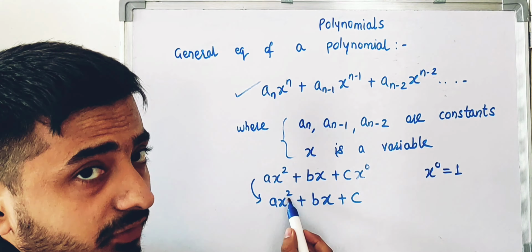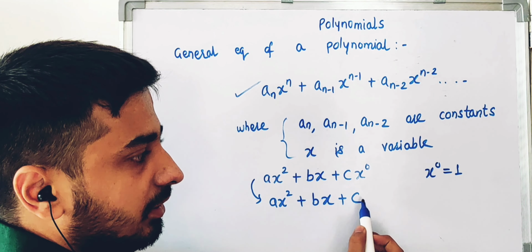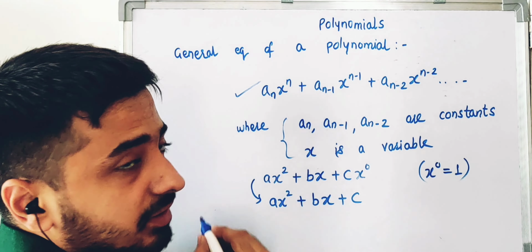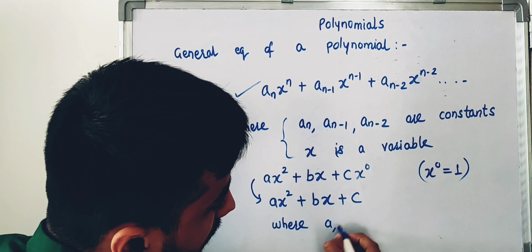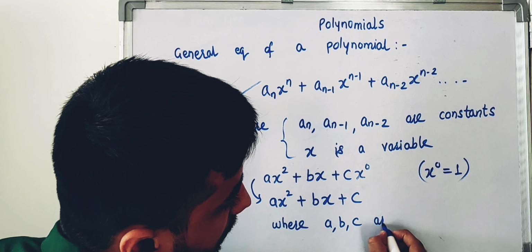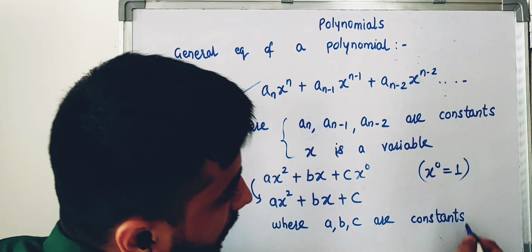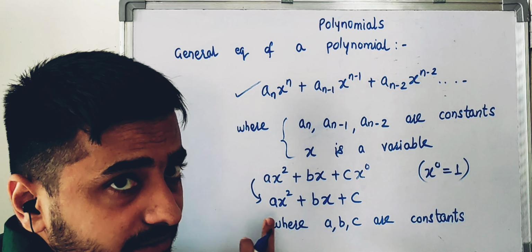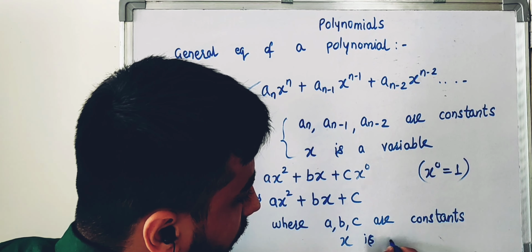See, have you seen the power of x is decreasing? X to the power 2, then x to the power 1, then x to the power 0 is 1. And this a, b, c are constants. Clear? This is a polynomial consisting of variable x, where x is a variable.